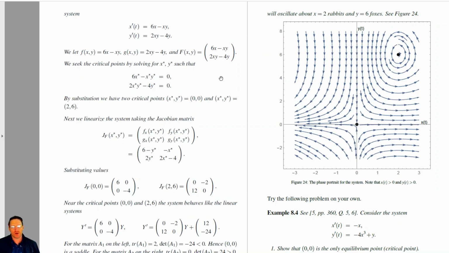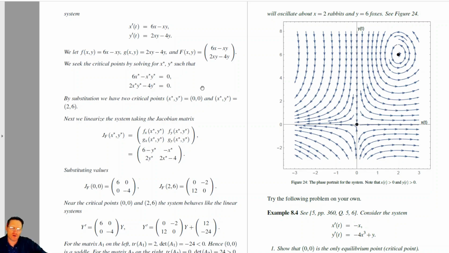So first we want the critical points of the system. So we've got to solve this nonlinear system here. Sometimes that's easy, but sometimes it's not easy. When it's not easy, you would use a numerical approach called Newton's method for solving nonlinear systems. You could look that up in your own time. We're not going to cover that.